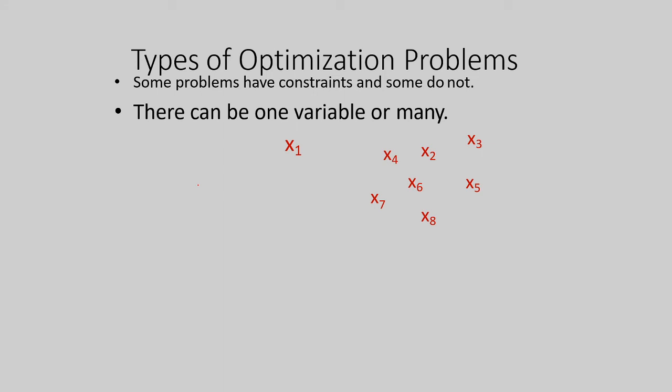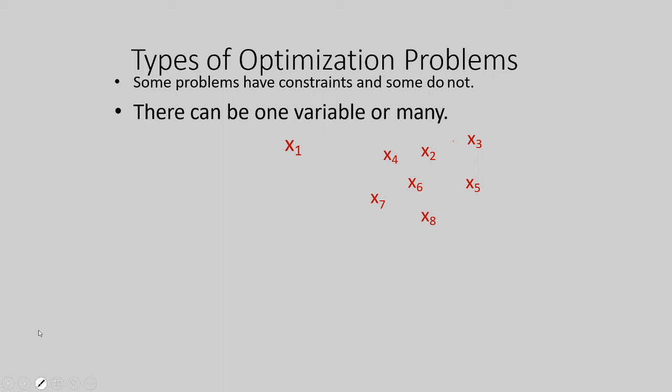Now again, there can be different variables, whether it is one variable or many variables. This is the type based on the input we are considering for our optimization problem. The first is the one-variable problem, where we have only one input, which is x1, and the second is the many-variables problem, in which we have more than one variable.